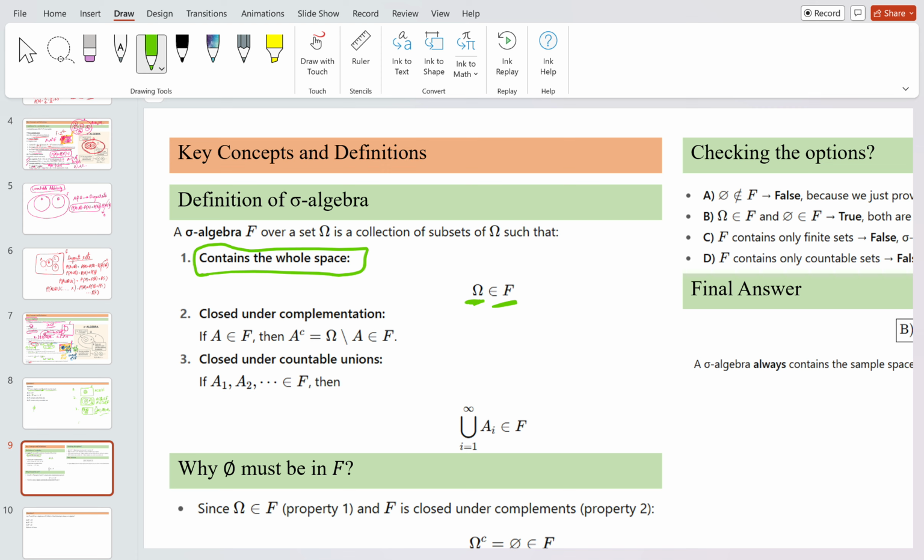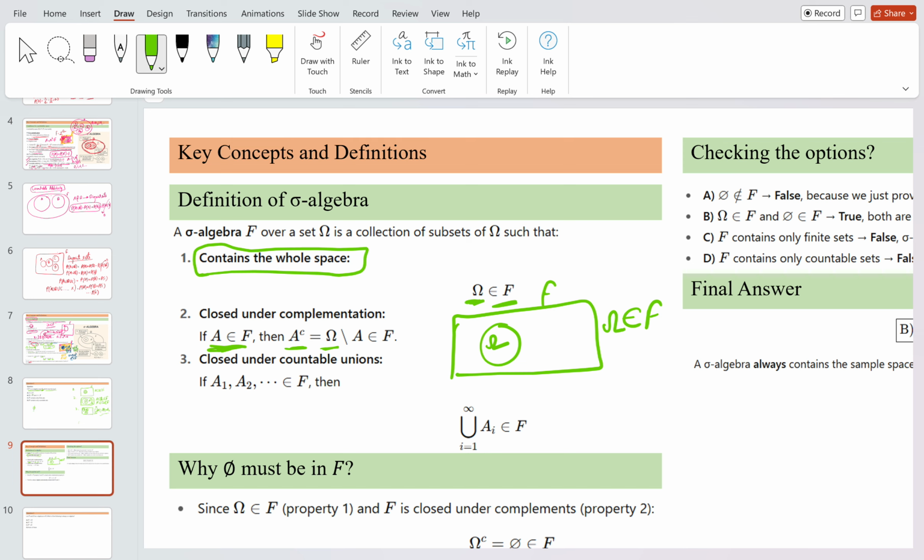Omega belongs to F, that is the first criterion. Second, if A belongs to F, then A complement, that is omega minus A, also belongs to F.